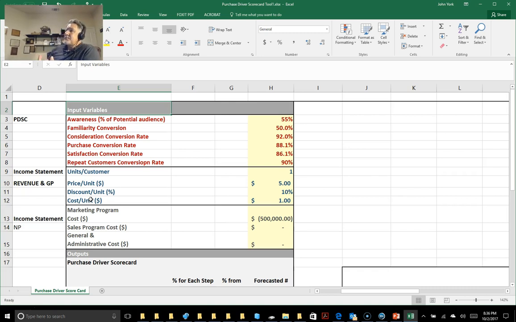So if you look at the equation of price per unit times discount, that will be what you call the net price, minus the net cost per unit. Those two variables will give you what we call the net profit per unit. And then you go multiplying number of units versus net profit per unit, and that'll give you your gross margin.